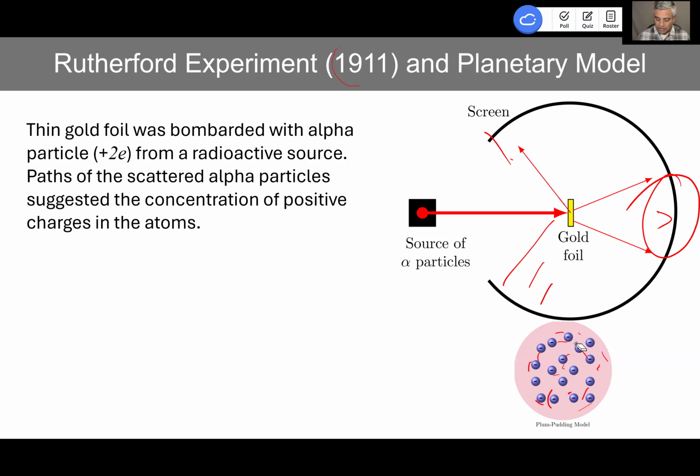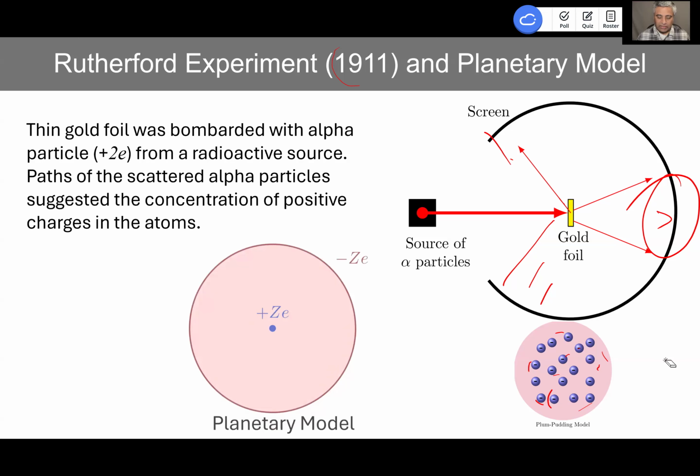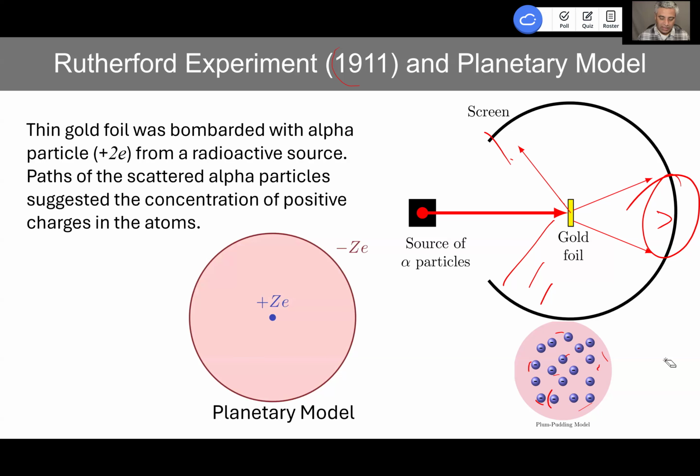To explain it, a new model had to come where all the positive charges were put at the center of the atom, and electrons just orbiting around, just like the sun is at the center of our planetary system, right? Planets orbit around and the sun is at the center. That's why it's called the planetary model.